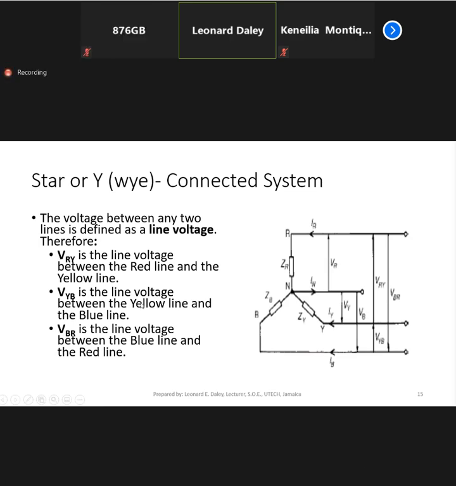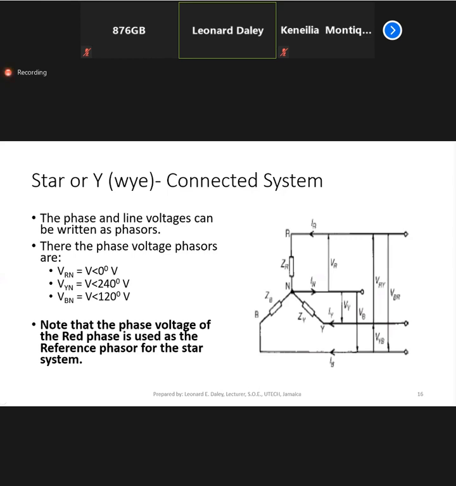The voltage between the yellow line and the blue line is called VYB, and the voltage between the blue line and the red line is called VBR. There's a particular reason why the namings are like this, and I will tell you about that.